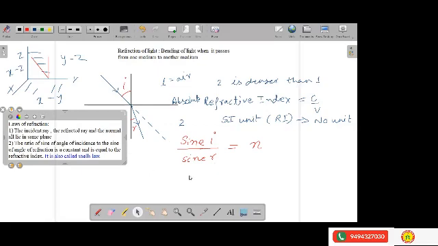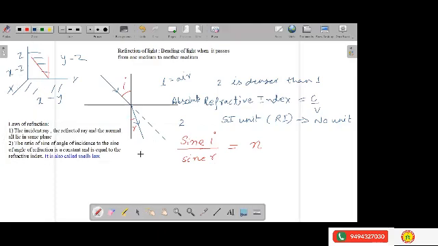Yes, sir. Okay. If you are getting confused with this word sine, you will be learning it in your trigonometry. Once you start trigonometry in mathematics, you will learn about the different trigonometric ratios.